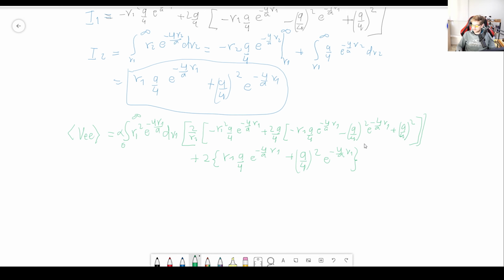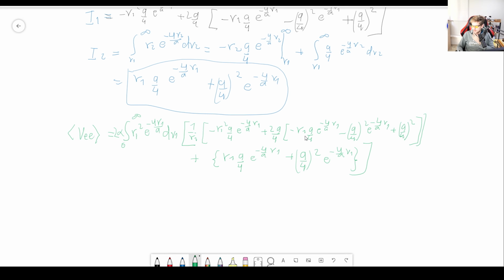Phew. Okay, so we can do a few things. We can factor out the 2, since there's a 2 multiplying both sides. And then we can multiply through by this R1 right here.